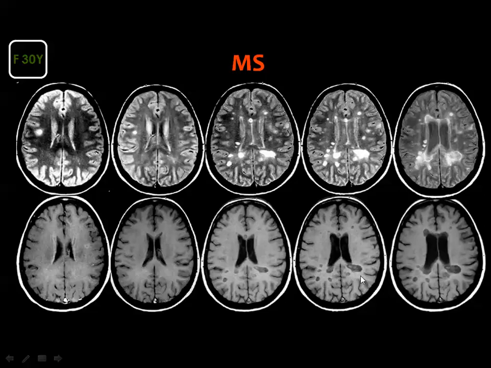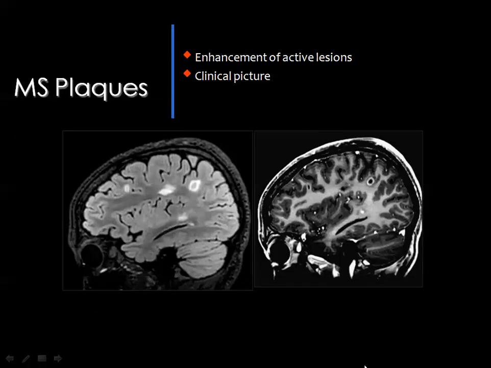Some lesions are sizable, as you can see here. Larger lesions can appear of low signal in the T1 and will be bright in T2 and the FLAIR weighted images, while smaller lesions may not be seen in the T1 weighted images. As I mentioned, the diagnosis depends mainly on the clinical picture and the neurophysiological studies.